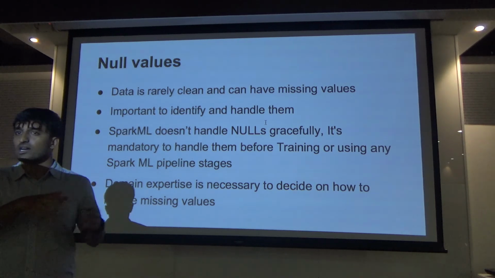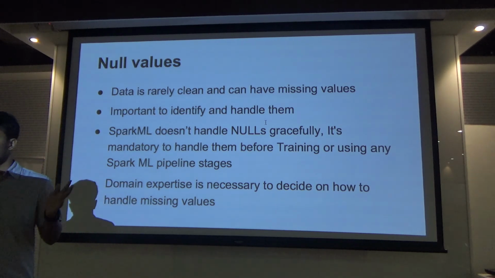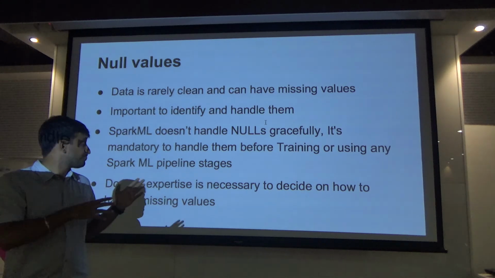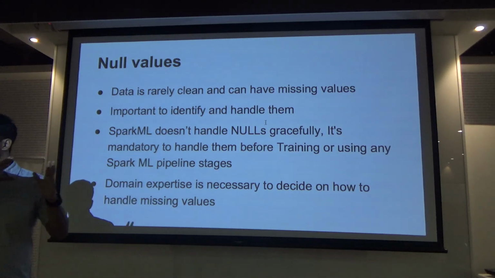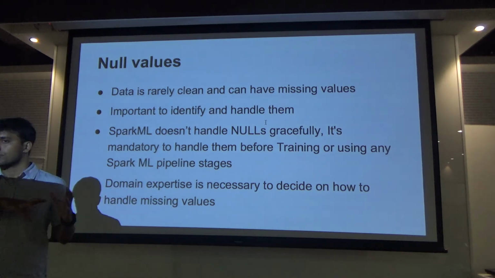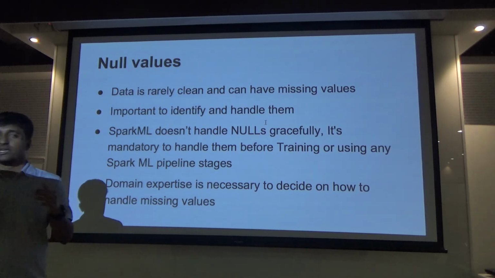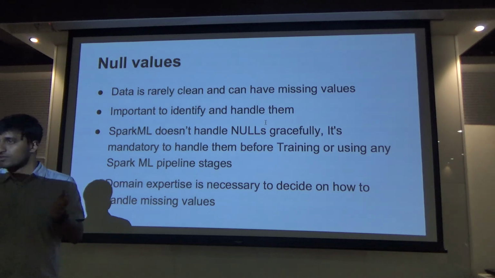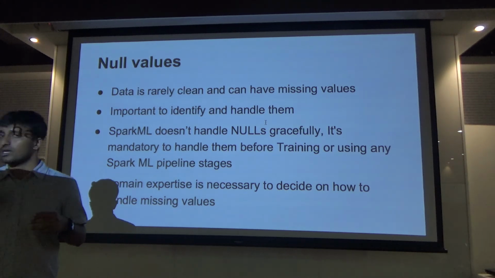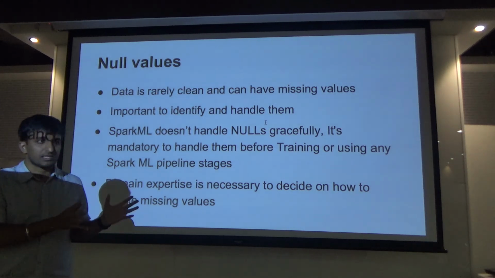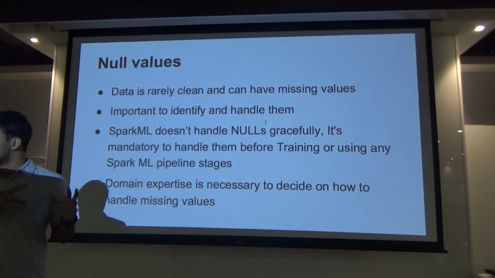Missing values can occur in a data set because of many reasons. The only way to use it in machine learning is you need to handle it in some way. Handling it can depend on the type of the problem or type of the column or how many nulls are there, like what is the percentage of null values in that specific column.